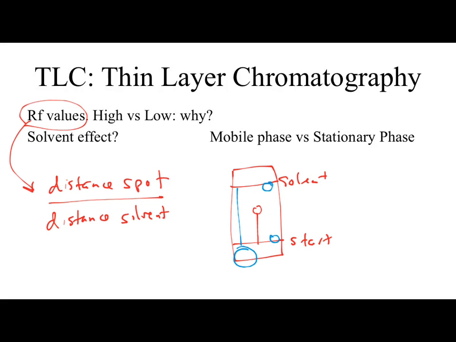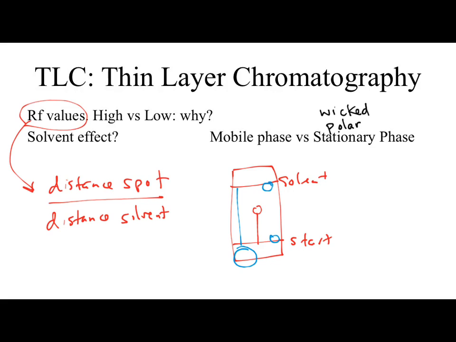Okay? So how would it interact with the stationary phase? You need to know what intermolecular forces the stationary phase is going to give you. What can you tell me about the stationary phase? Wicked polar. Okay?